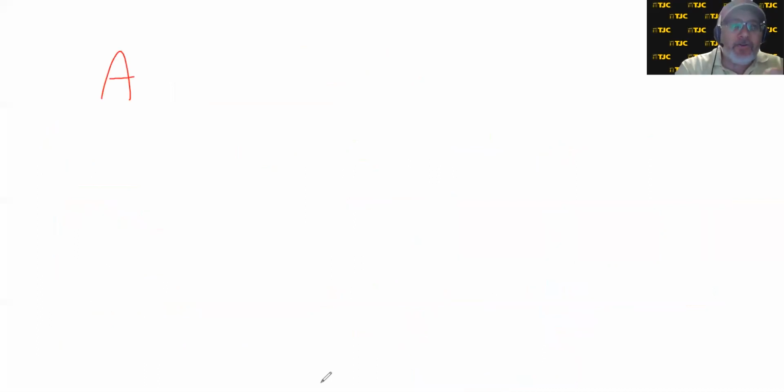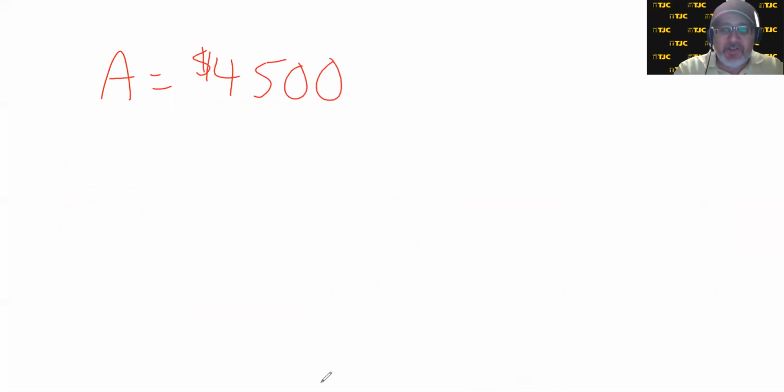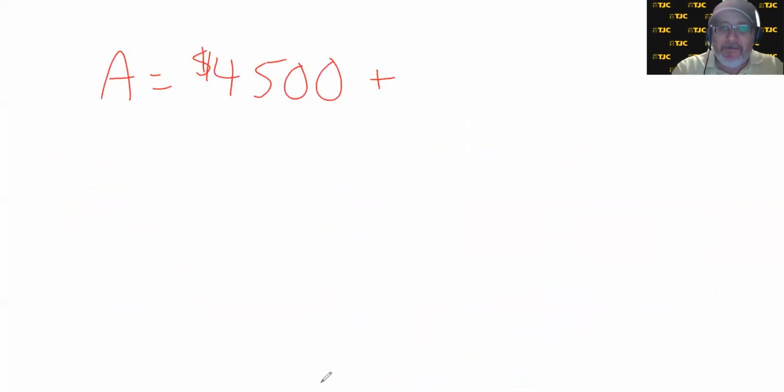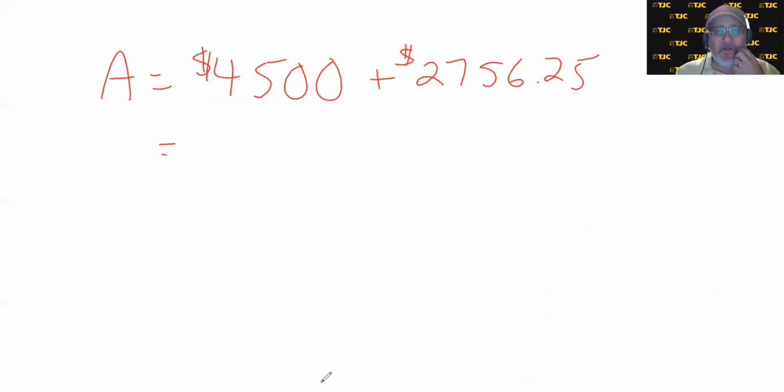The future value is what they borrowed, which was the $4,500, plus the interest, $2,756.25. And so if we add all that, we get $7,256.25.